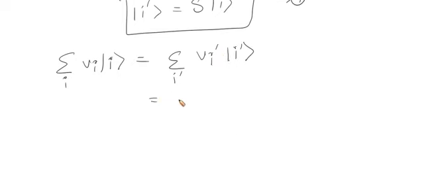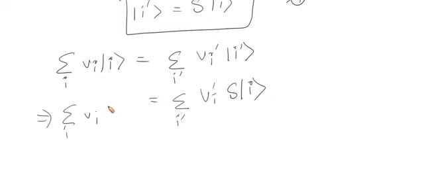So using equation 1 we will get the following, that is Vi prime, there will be a S and there will be a I, and here on the left hand side you will have I, Vi I. Now they look almost the same, however the bases are the same, so the components should be equal as well.